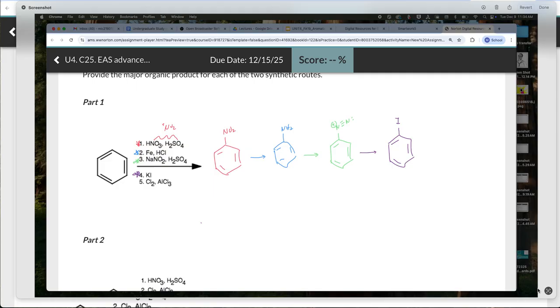What's the last step? This gets a Cl plus, which puts a Cl on the ring. Are all places on the ring identical?